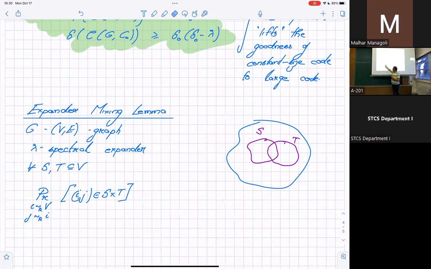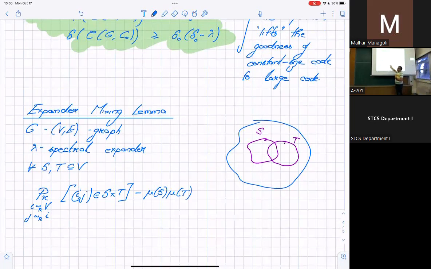It's the density of S times the density of T. So let's write this: it is just that product, minus. This is what exactly happens for a completely random graph.